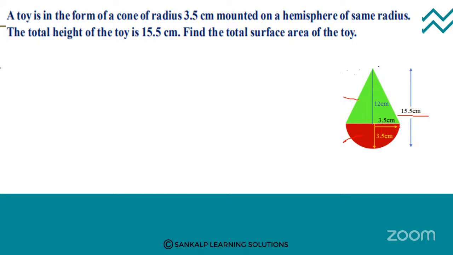Okay. Now what they have asked, total surface area of the toy. So here two shapes are combined. That means when two shapes are combined, then total surface area of the toy is curved surface area of the cone plus curved surface area of the hemisphere, right?